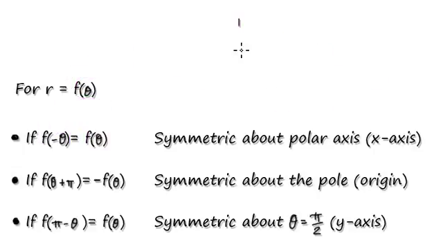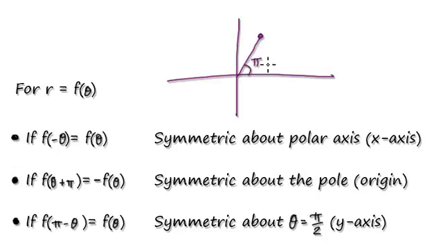So for example, let's say this point here, the angle here is, I don't know, let's say pi over 3, and let's say the radius here is 5.